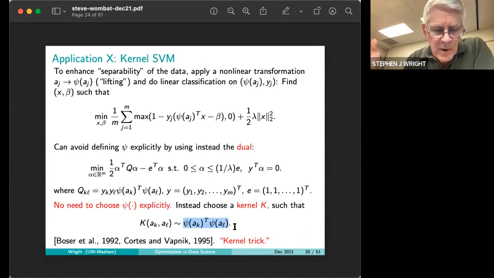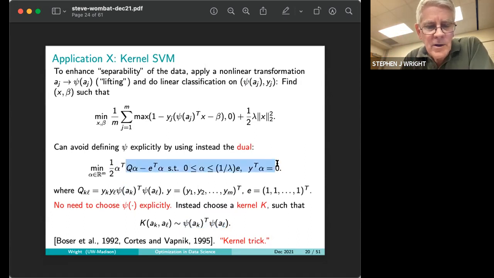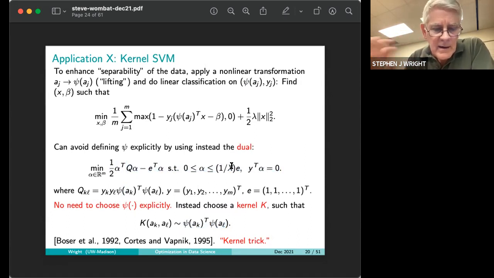So they said, let's not bother about defining psi. Let's just define a kernel function K, where I can plug in two feature vectors and get an output, which gives me an element of this matrix. Then when I solve this problem, I get a solution alpha. I can use that to make predictions about new feature vectors A, simply by plugging A into this kernel matrix and doing some manipulations involving alpha.